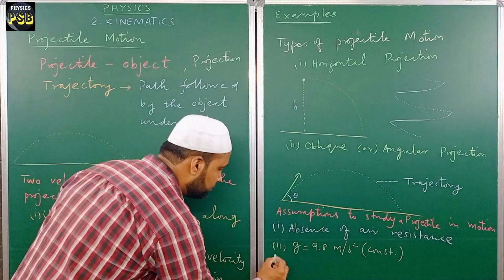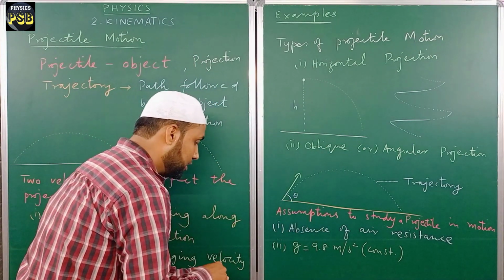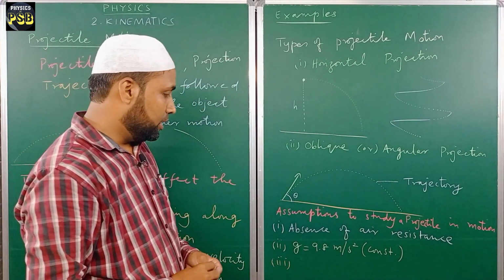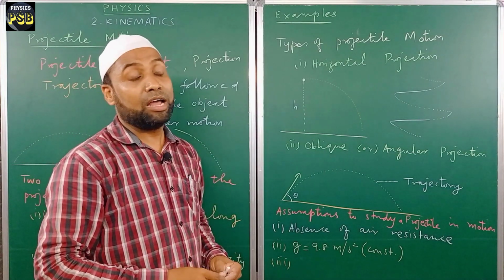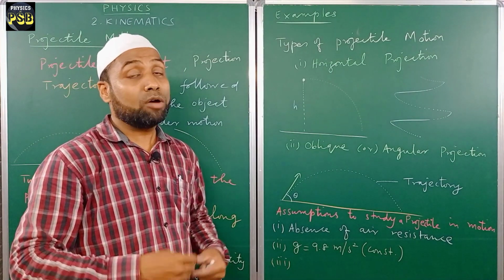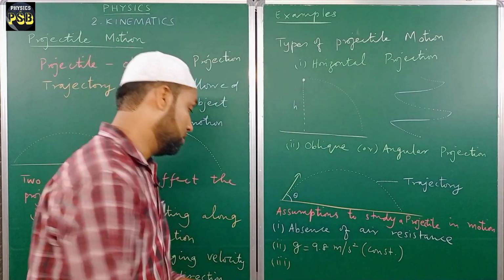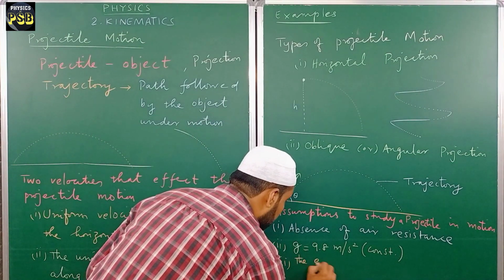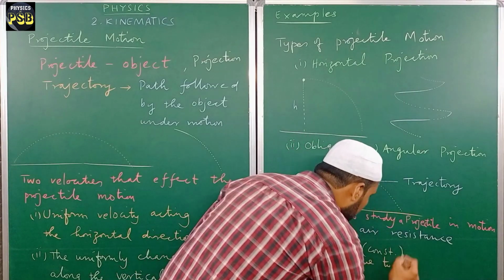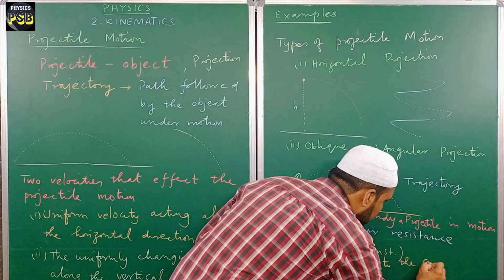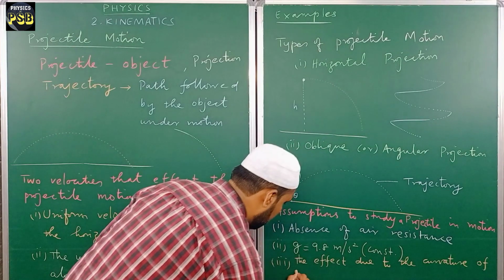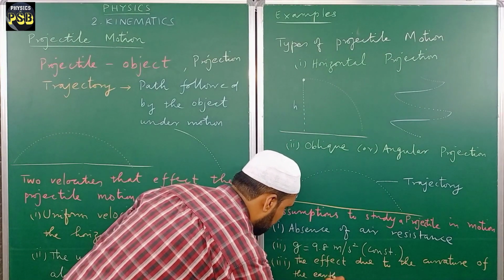The third assumption we make is that we neglect the effect on the motion of the object due to the curvature of the Earth. The effect due to the curvature of the Earth is neglected.